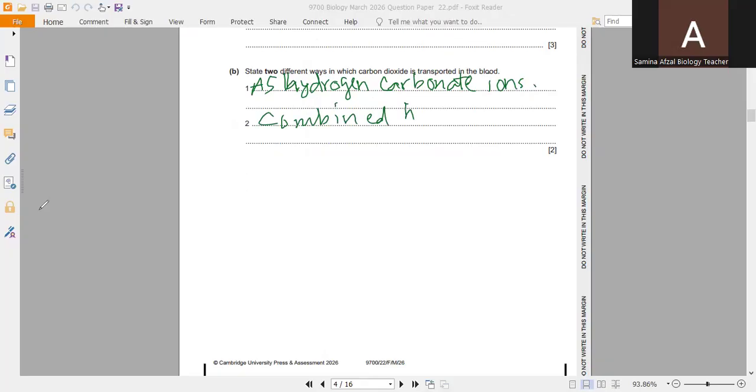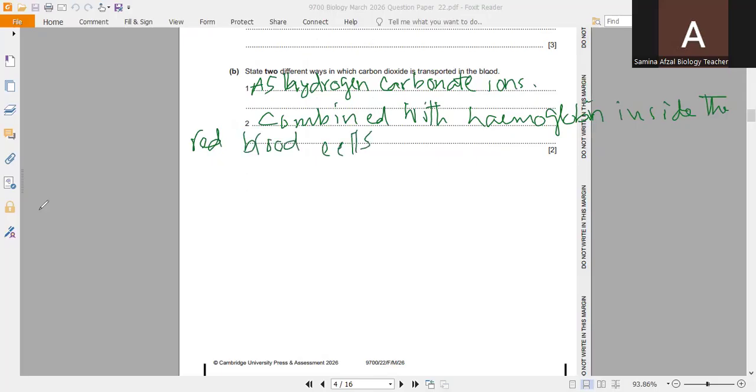Second, combined with hemoglobin inside the red blood cell to form carbaminohemoglobin.